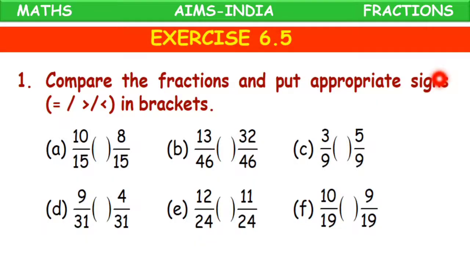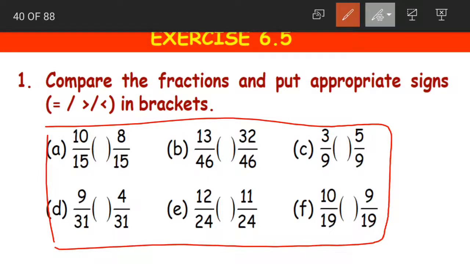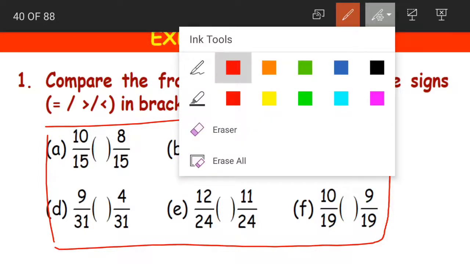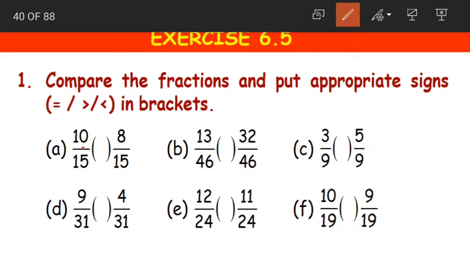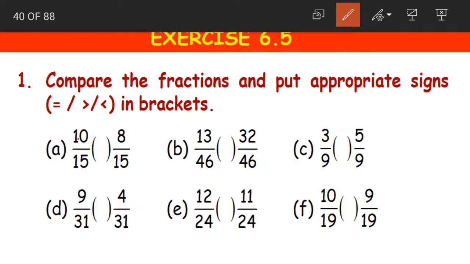Let us solve some exercise problems on the topic, children, that is comparison of fractions. Now first we have like fractions here. All the given questions are like fractions, so it is easy for us to compare. We just have to compare the numerators and put the appropriate sign. If you look at the first one, 10 by 15 and 8 by 15.